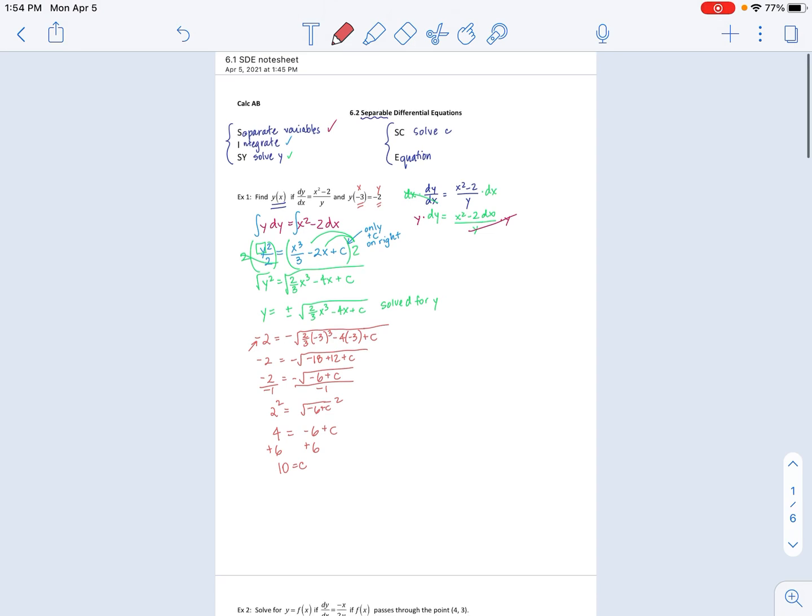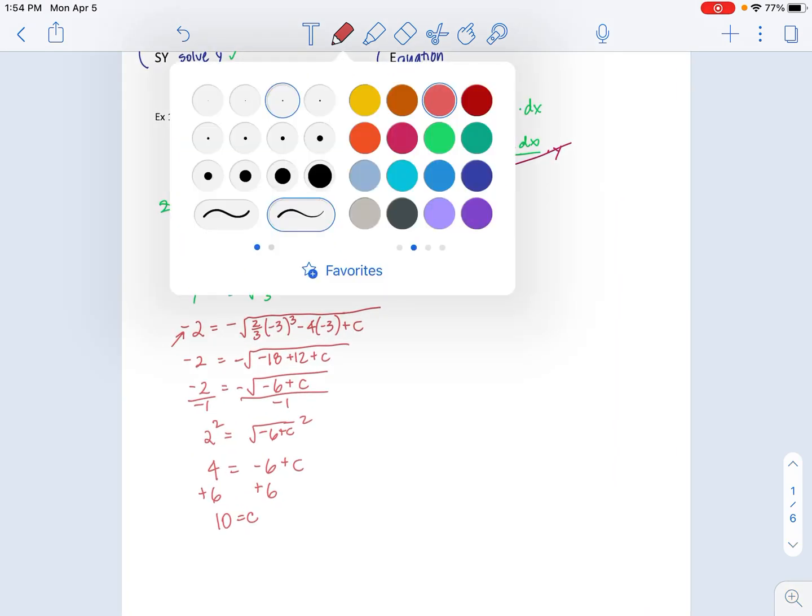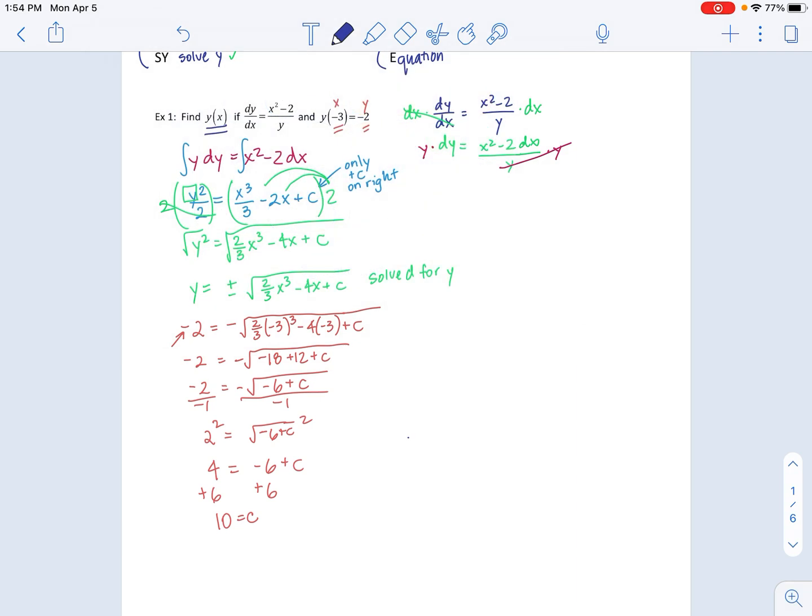And then remember that that only checks off the solving for c. I have to now formally write my answer in an equation format. So it's y equal to, again, I'm putting negative in front of my square root sign because the y value in the initial condition was negative. And then everything else in the format that I had from my general solution here.